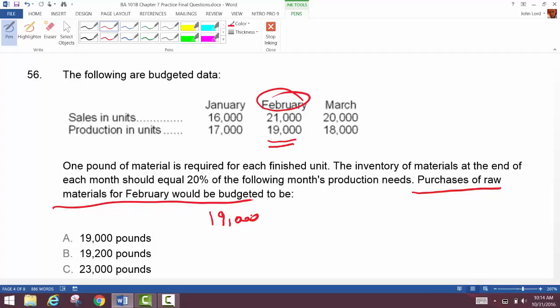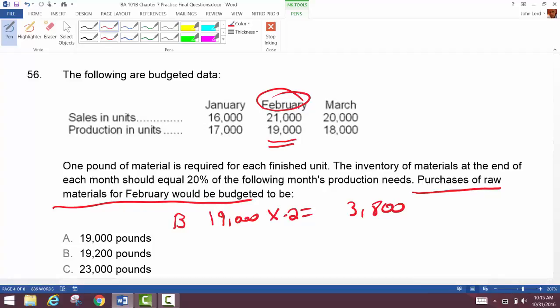And so even though they're giving to me this in units, I don't have to really do anything to convert number of units of material to number of units of product, right? 19,000 times the 20%, 0.2, gives me 3,800, right? 3,800. Okay, good. That's the beginning balance, right? Yes.